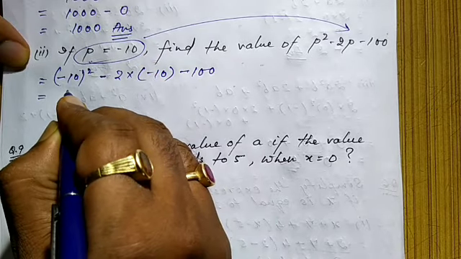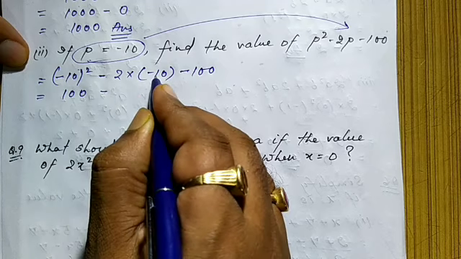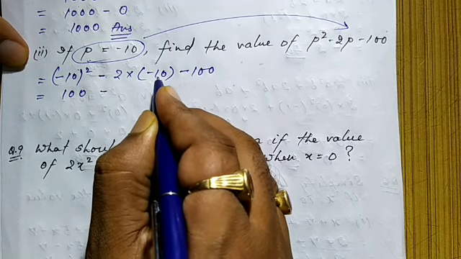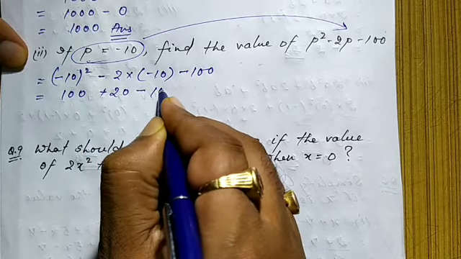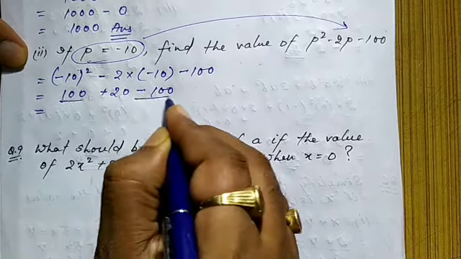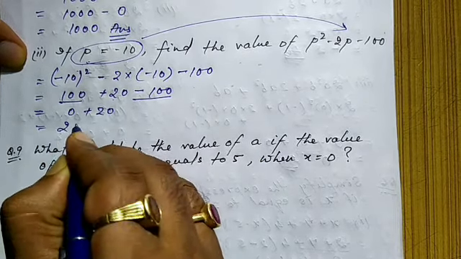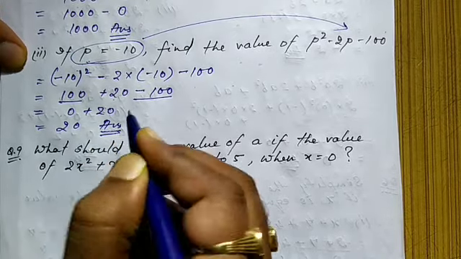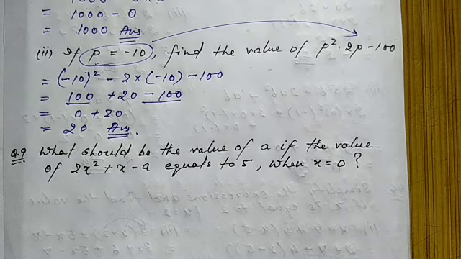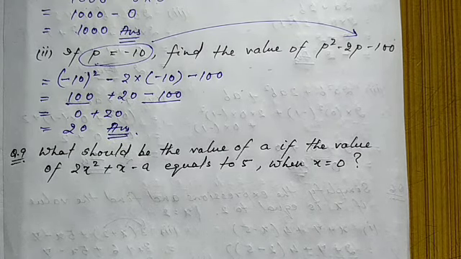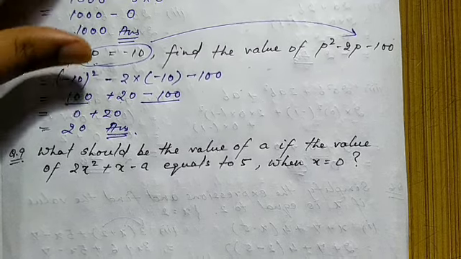Minus 10 whole square will become 100, minus 2 into minus 10 will become plus 20, minus 100. So 100 minus 100 will become 0, and 0 plus 20 will become 20. So the answer is 20. Okay, very easy. This whole exercise is very easy. Only you have to put the value in the expression and find the value of the given expression.